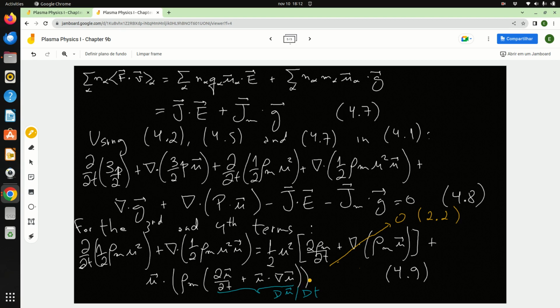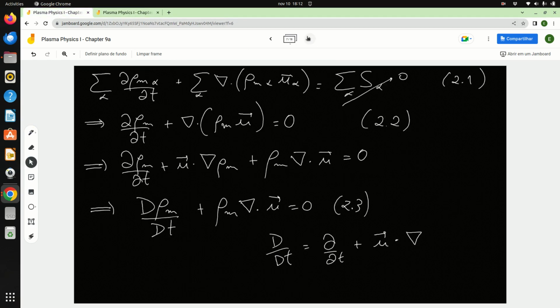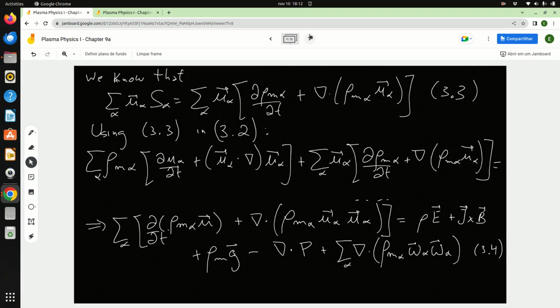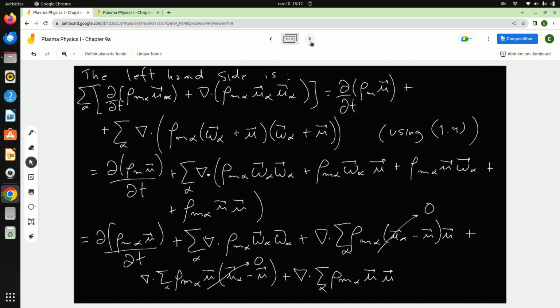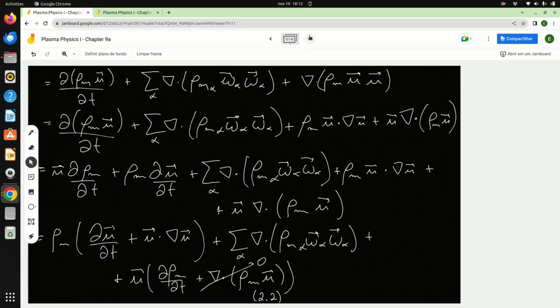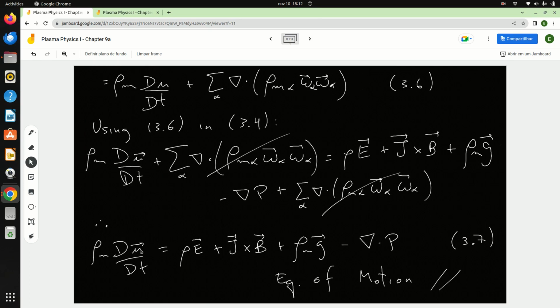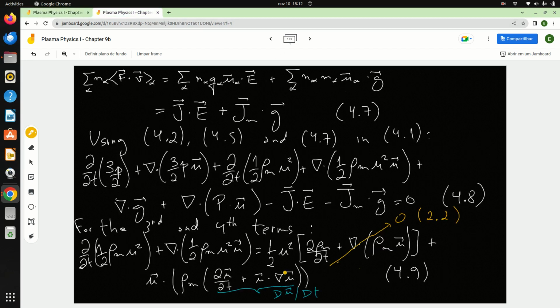From 3.7, rho m times Du Dt is equal to this. So we can use this expression in place of this.